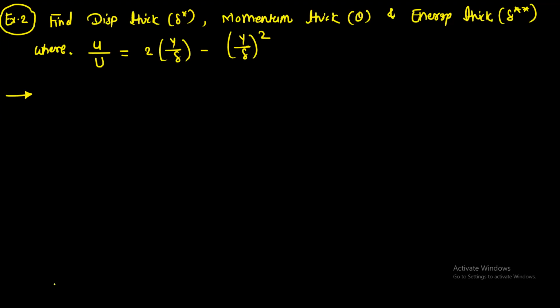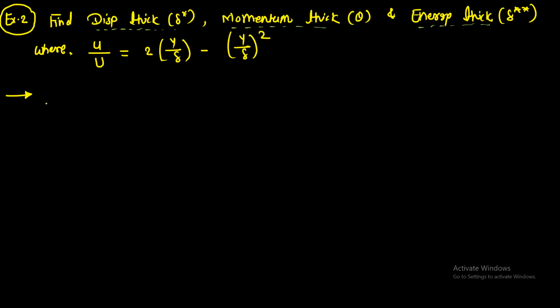Okay, now refer to the second example. So here the question is: find the displacement thickness delta star, momentum thickness theta, and the energy thickness delta double star, where the velocity distribution is u upon capital U equal to 2 y upon delta minus y upon delta square.